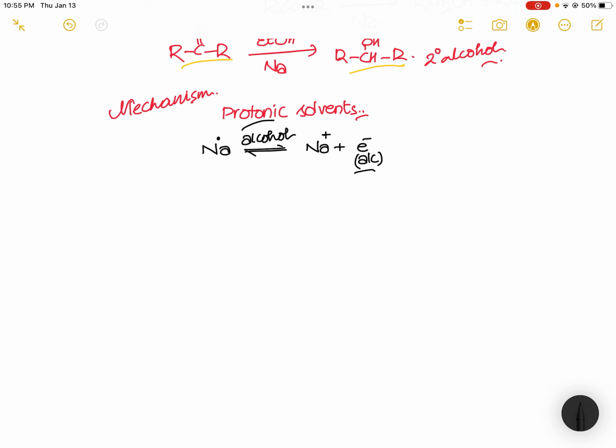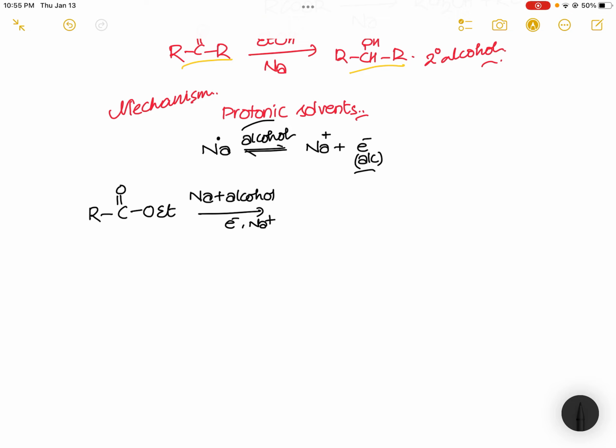See, for example, we have an ester, and you are using sodium and alcohol here. Sodium and alcohol actually produce electrons. Sodium plus ions are formed, and the electron is there. You can show it like this.